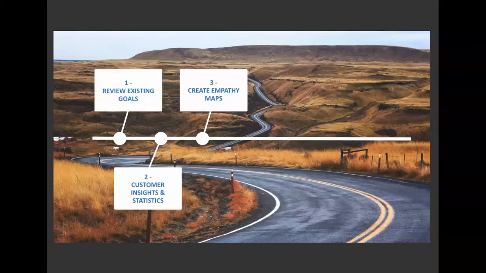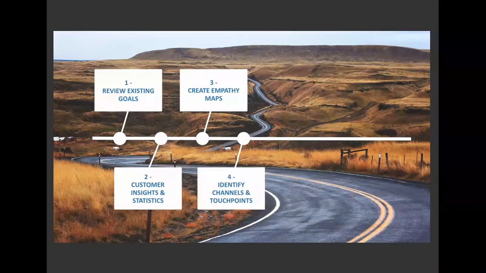Okay, then we will dig down into the 6/7 step process for customer journey mapping and how that looks like. So first of all, you have to review existing goals, the company's and the organization's goals, to take into the workshop.